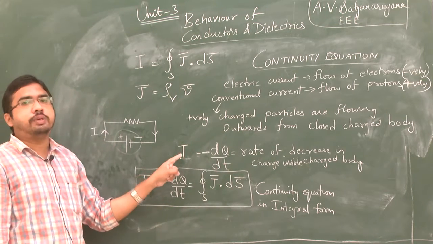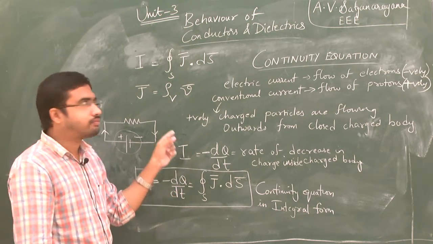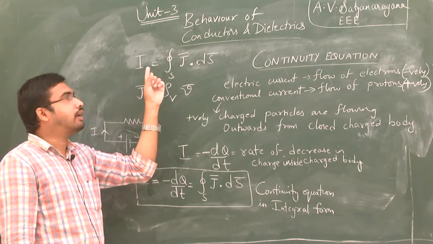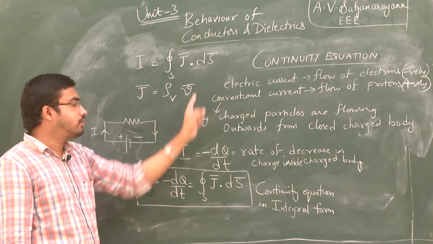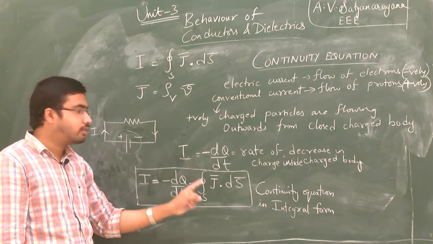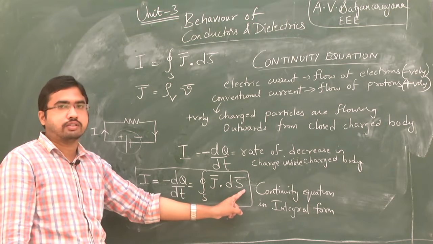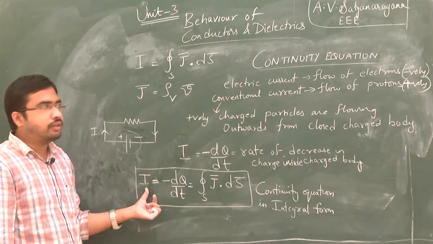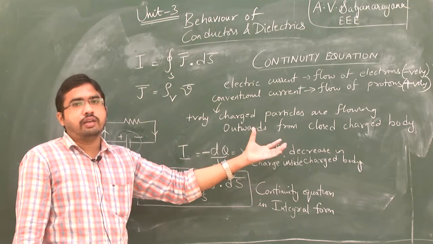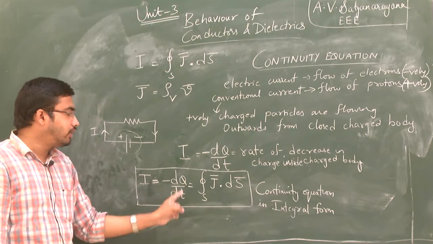Now, what is the relation between I and j bar? Already we derived that I equal to closed surface integral of j bar dot ds bar. So in the place of I we can also write integral j bar dot ds bar. So finally, current I in a volume of charged body is equal to minus dq by dt.